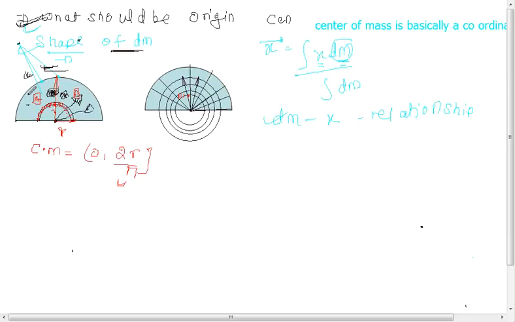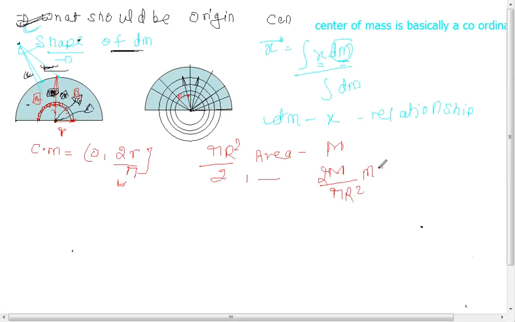So the total area of the semicircular disc has mass m. The total area is pi r square by 2, so unit area has 2m by pi r square mass.